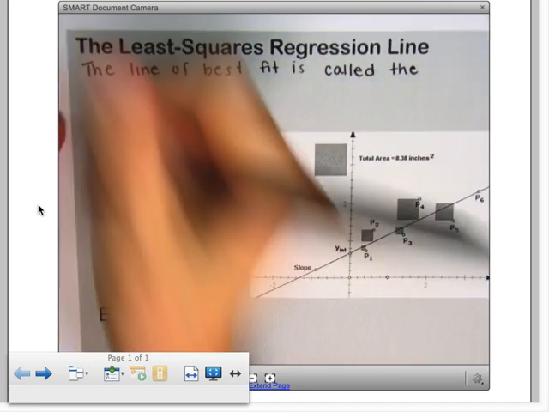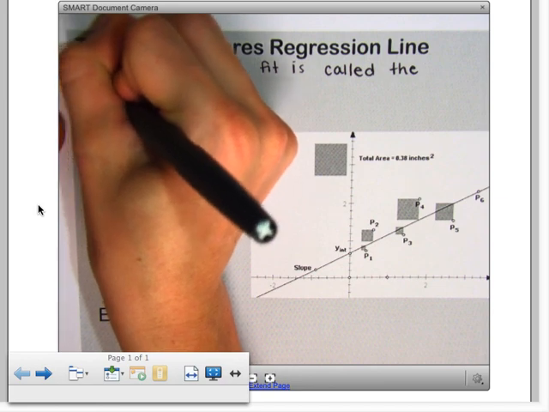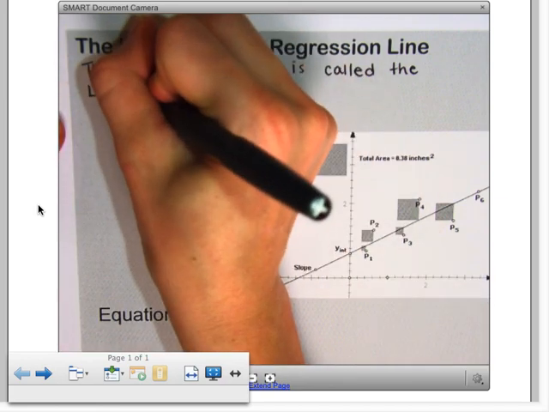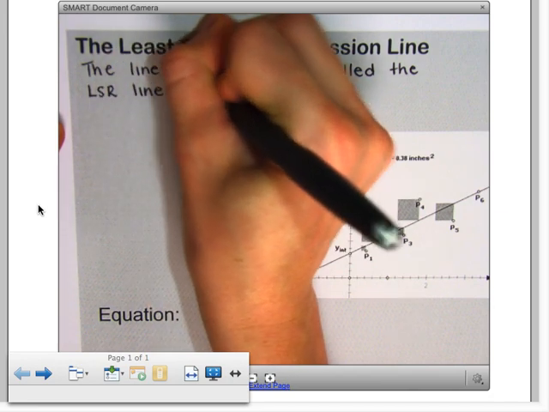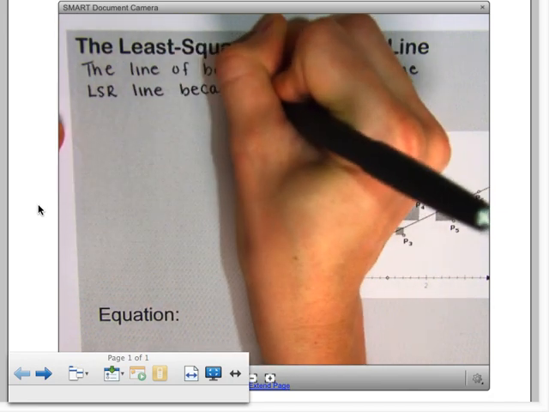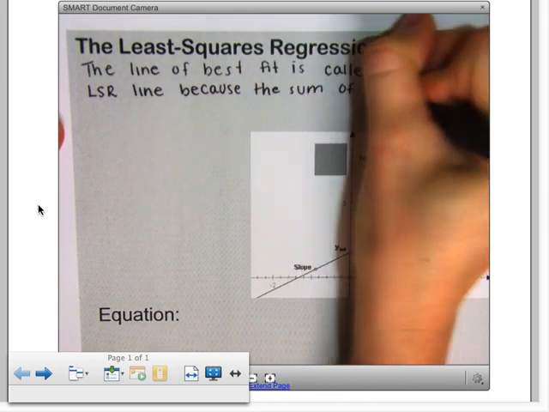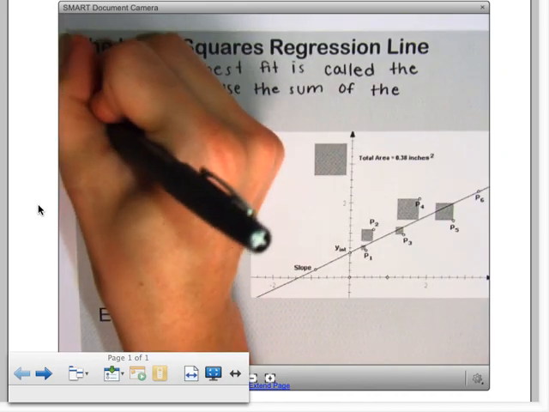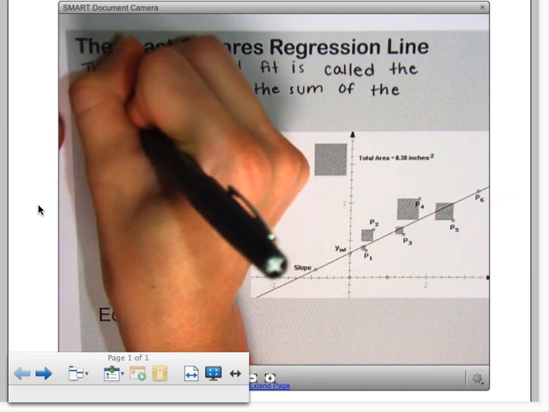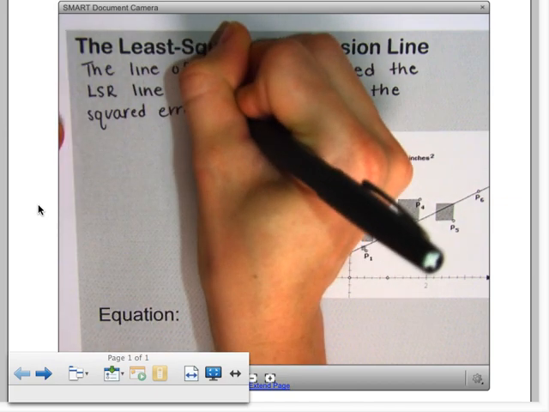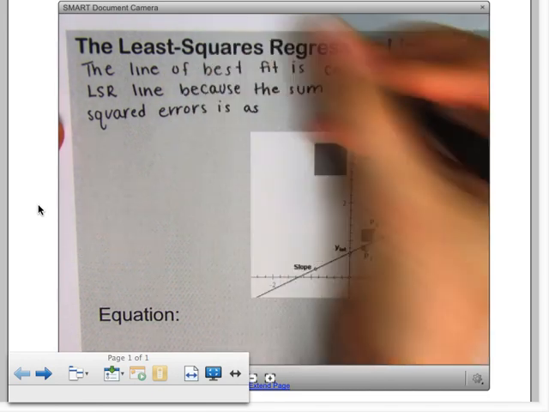I'm just going to call it LSR for least squares regression, because the sum of these squared errors is as small as possible.